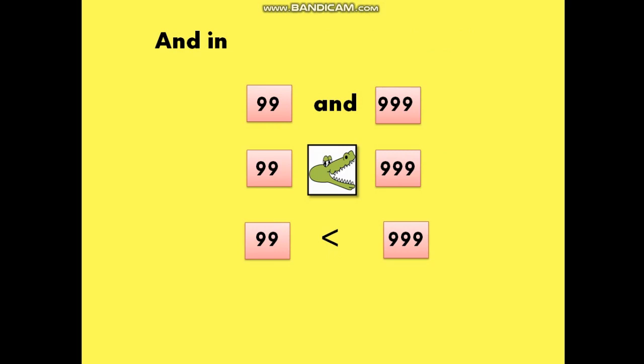Let's take the other example which we did earlier, 99 and 999. So the crocodile wants to eat 999. So we are going to put the sign with the open mouth towards 999.